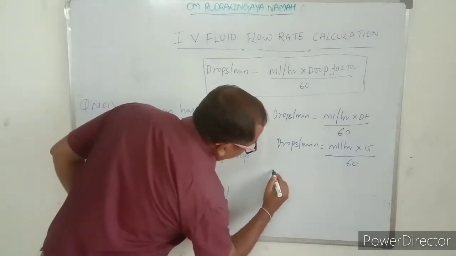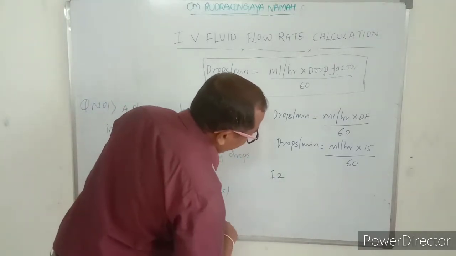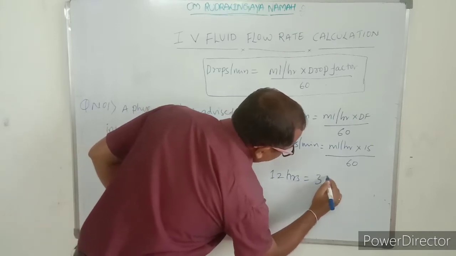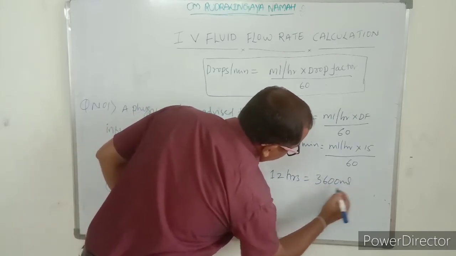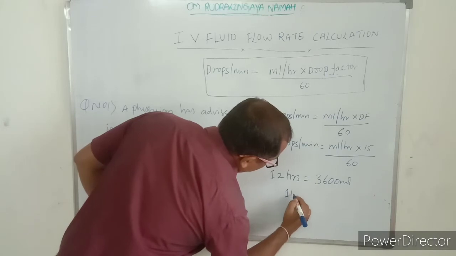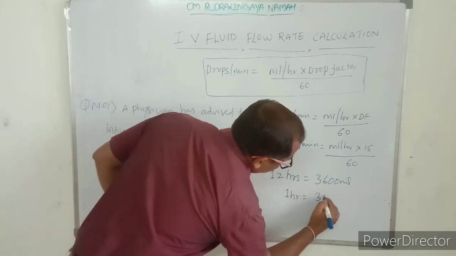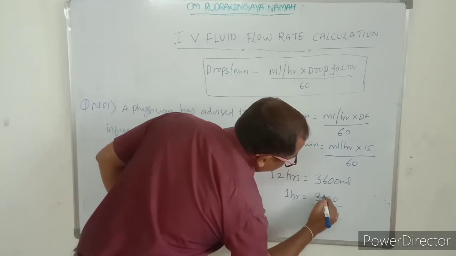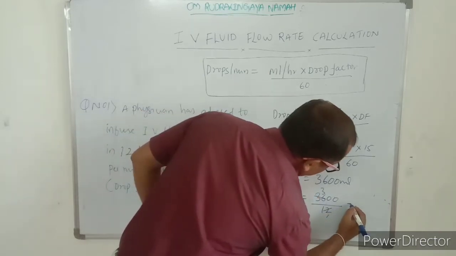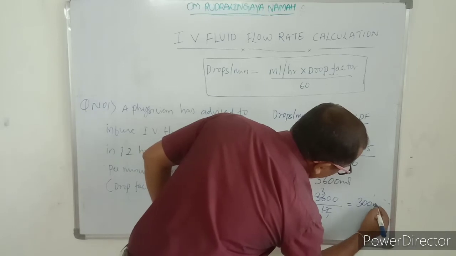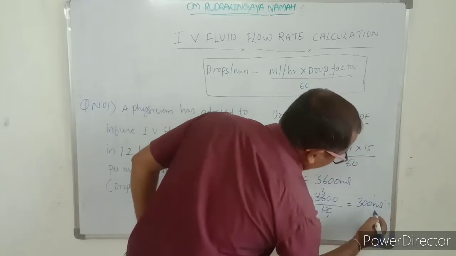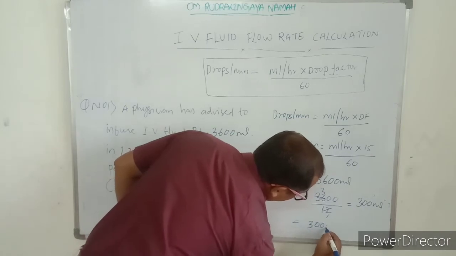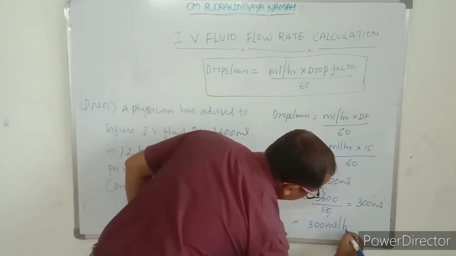So in 12 hours 3600 ml has to be infused, means in 1 hour 3600 divided by 12. So 12 threes are 36, that is nothing but 300 ml has to be infused in 1 hour, that is 300 ml per hour.